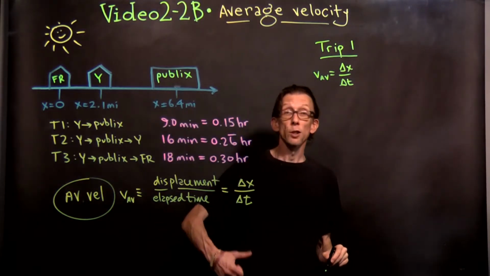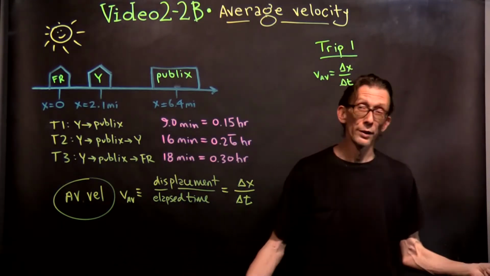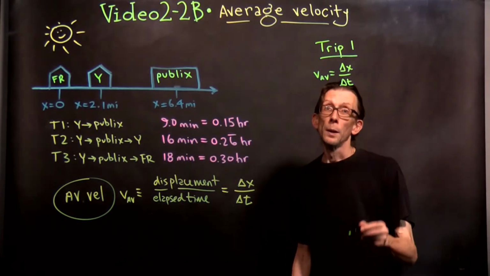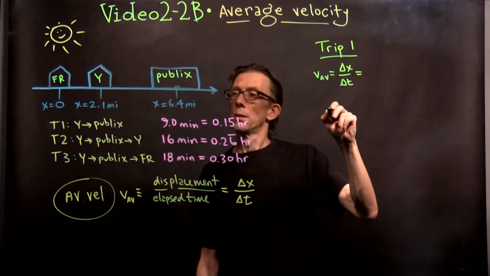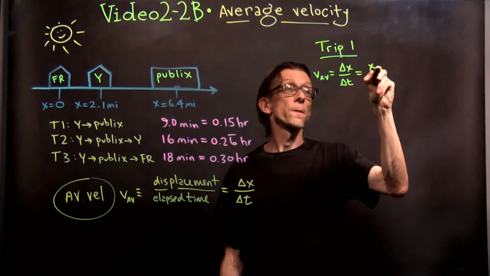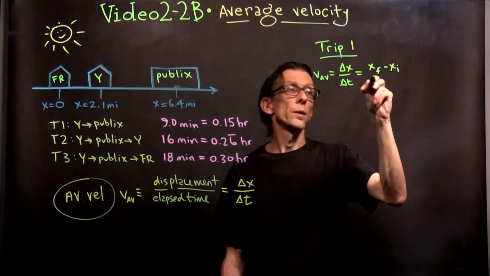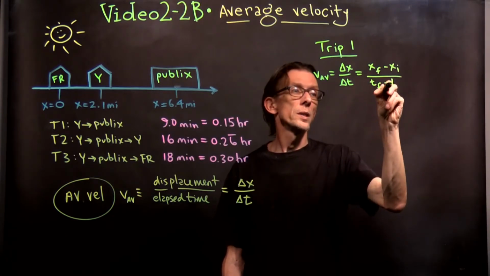Look back in your videos, look back in your notes. I hope you're taking notes. It probably helps you a great deal to take notes. So this is going to be 4.3 miles, right? Delta x is x final minus x initial, over t final minus t initial.